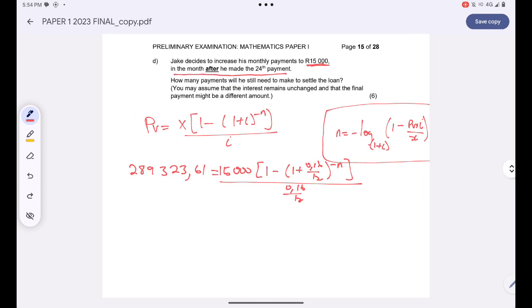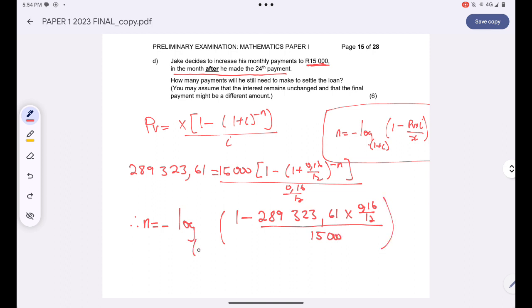Now, since I've substituted, I can therefore say n will be equal to negative log of 1 minus the present value, 289,323 rands 61 cents, multiplied by 0.16 over 12, all divided by the installment, which is 15,000, and then the base is just 1 plus 0.16 over 12.